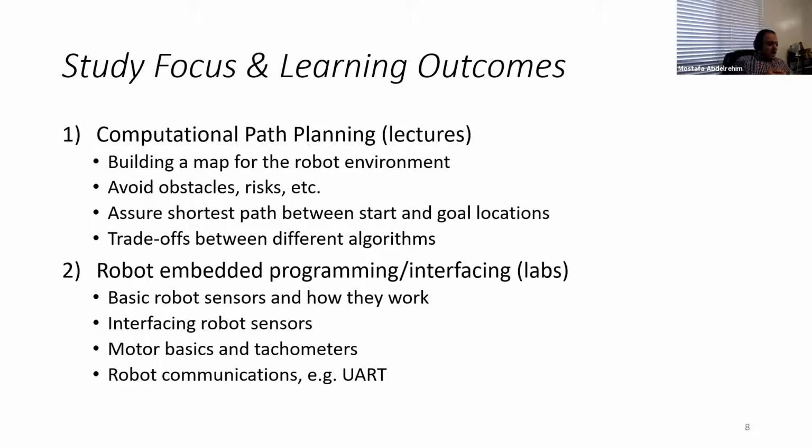Okay. You will learn, for example, how to build a map for the environment, to follow this map, how to avoid obstacles or risk management, for example, how to get the shortest path between a start and a goal location, and also a trade-off between graph search algorithms, okay, for such kinds of problems.